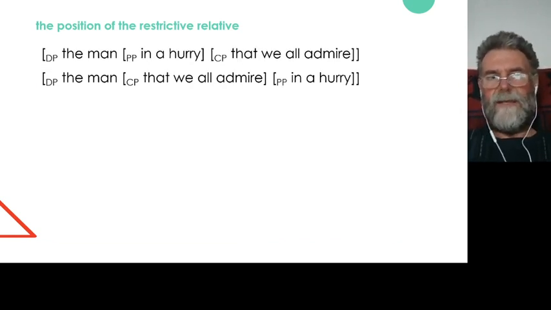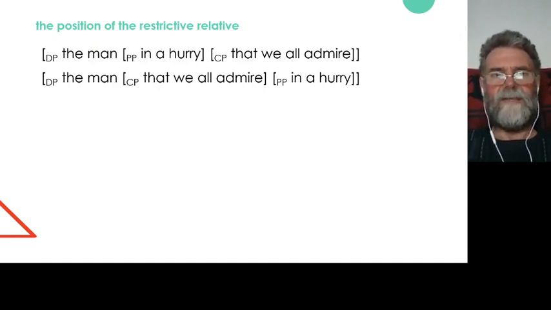We can do the same thing as we've just done with the non-restrictive relative clause and look at how these restrictive relative clauses interact with other modifiers of noun phrases, like preposition phrases. This time, however, in contrast to what we saw with the non-restrictive relative clause, a restrictive relative clause can come in any order with respect to these prepositional phrase modifiers of nouns.